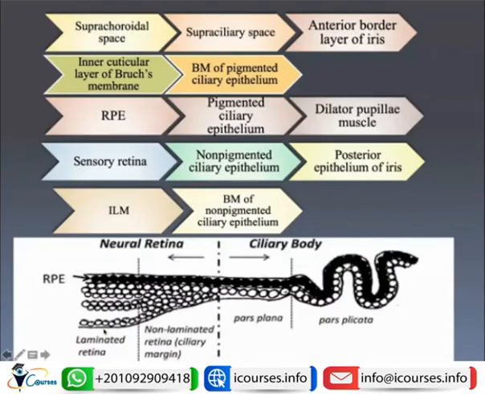And finally, the innermost layer, the internal limiting membrane of the retina, will be continuous with the basement membrane of the non-pigmented ciliary epithelium. So this slide will summarize all the transitions within this region, and I hope that it will be clear.